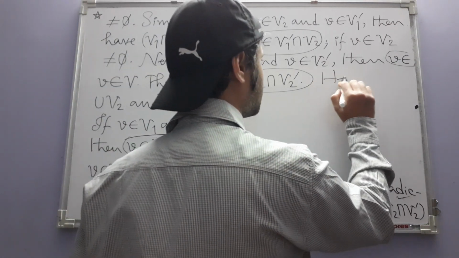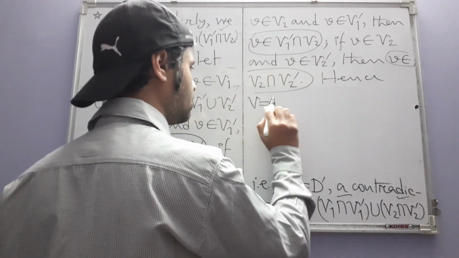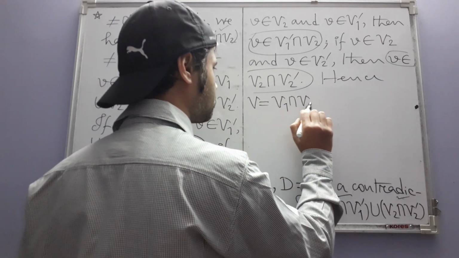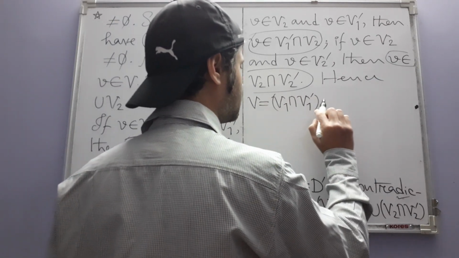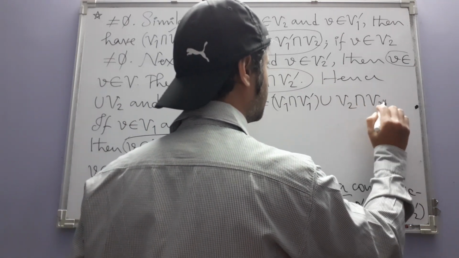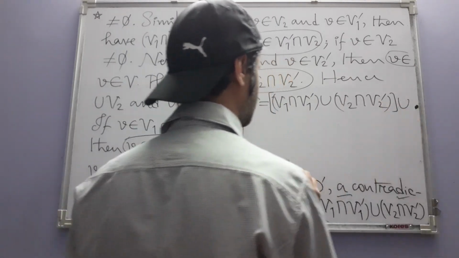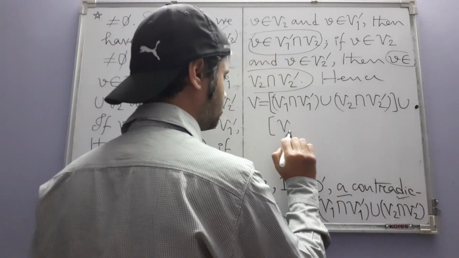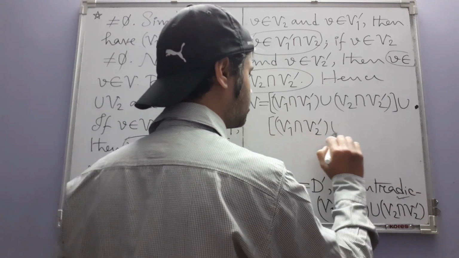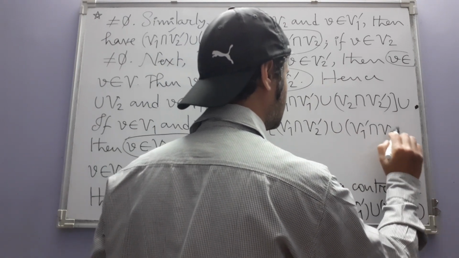Hence V is equal to V1 intersection V1 prime union V2 intersection V2 prime union V1 intersection V2 prime union V1 prime intersection V2.